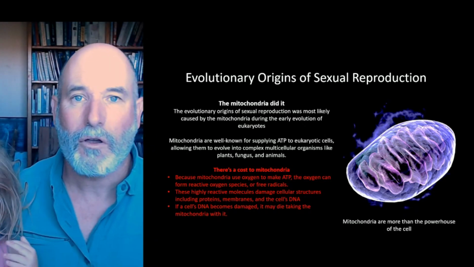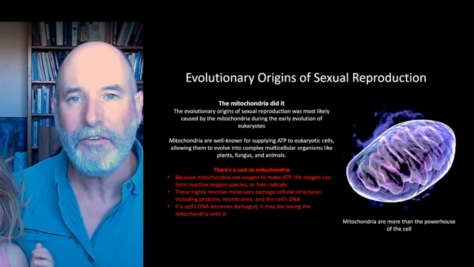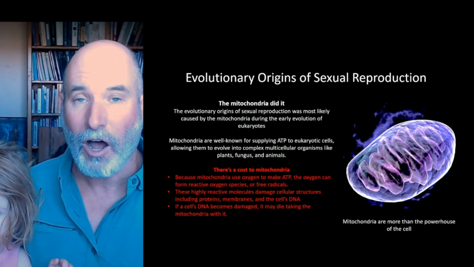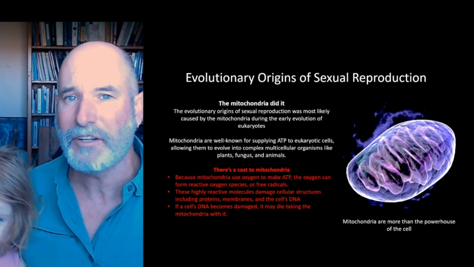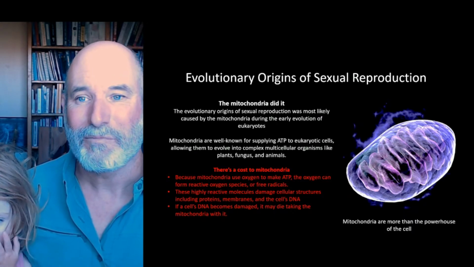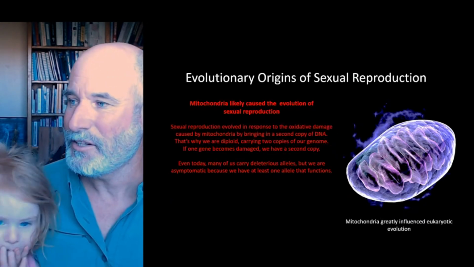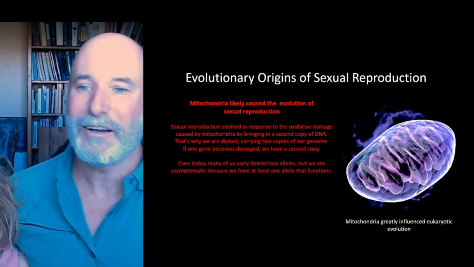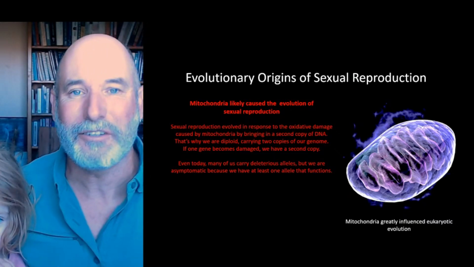So, with the mitochondria producing all this ATP, the cost is that it's causing cellular damage by causing oxidation events. So how do you get around that, right? What do you do here?